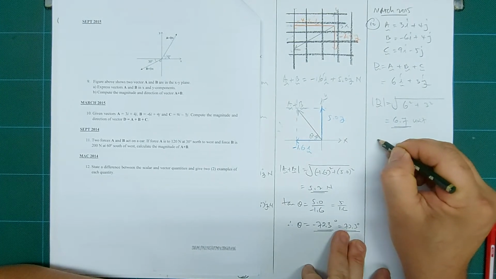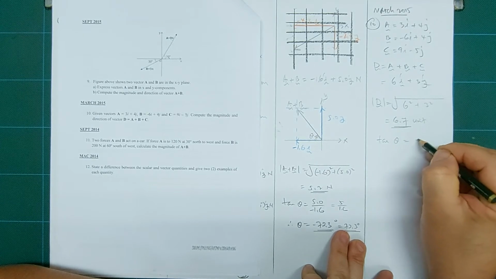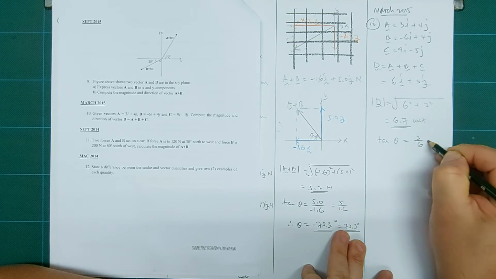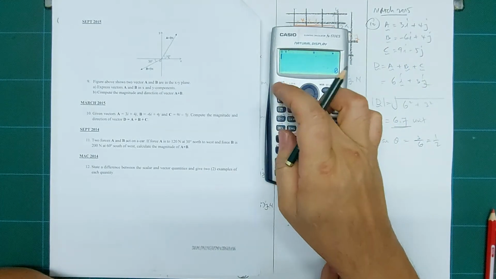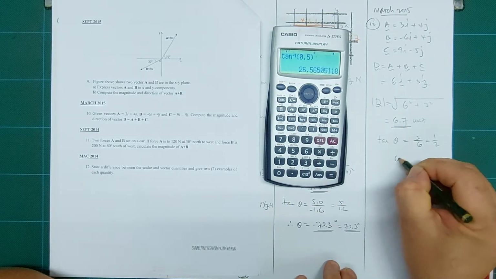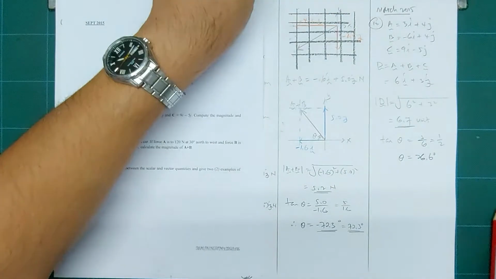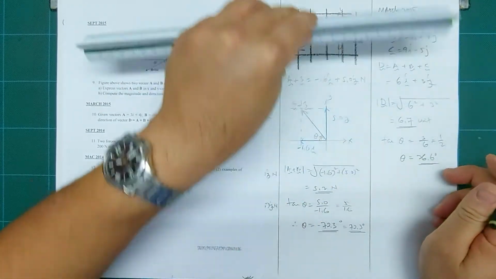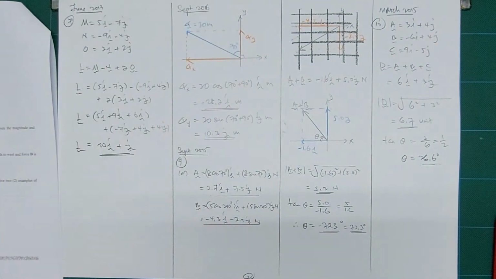So we can use tangent theta, assuming the angle is theta. It is 3 over 6, so this will be half. Theta is the inverse tangent of 0.5, so your answer for theta is 26.6 degrees. All right, so that is our March 2015.